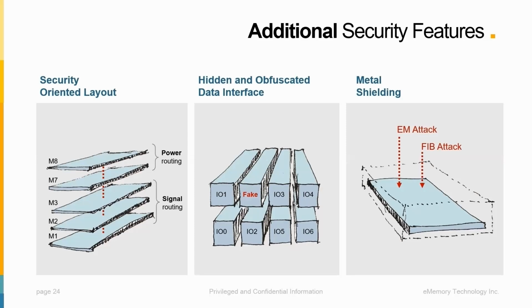We would also recommend our customers add additional metal shielding or have signal routing going above our IP for additional protection. To increase the ability of data protection, there are even more protective features that we can offer. And all of these protective features are certified by third-party security evaluations, proven to be effective in protecting user key information.